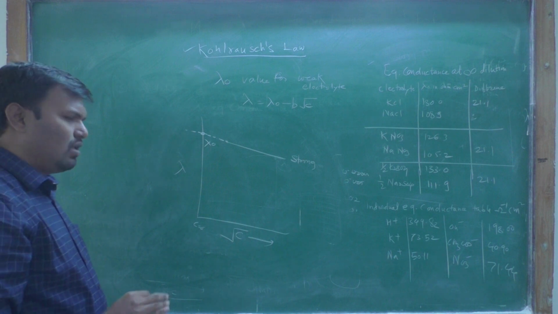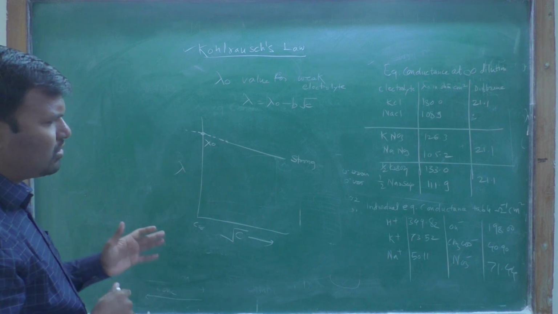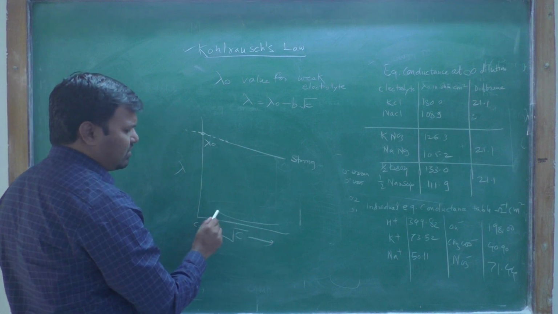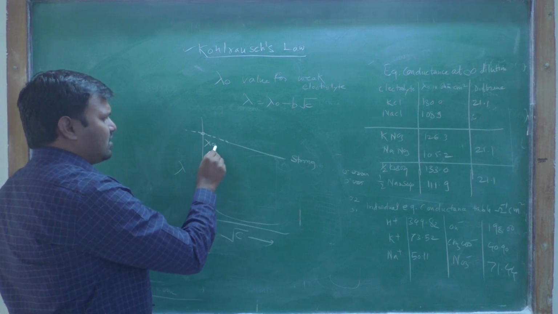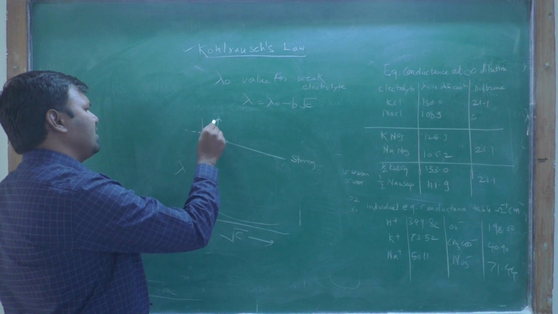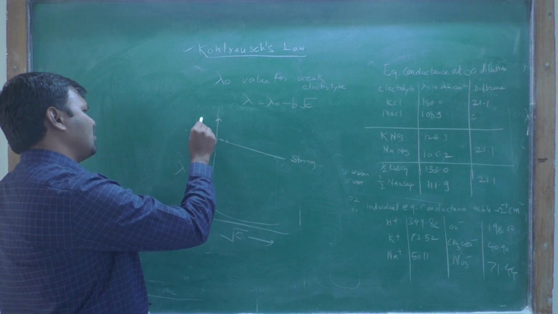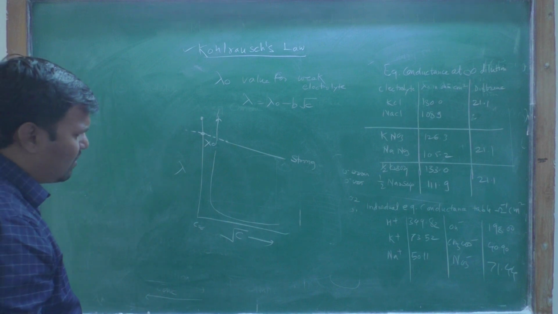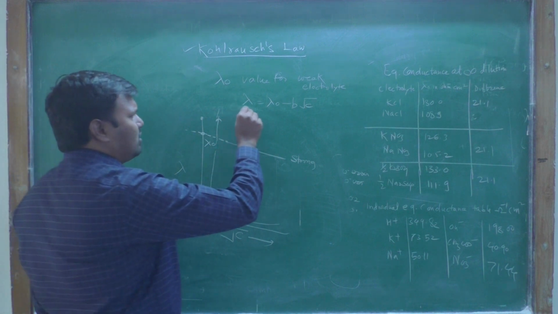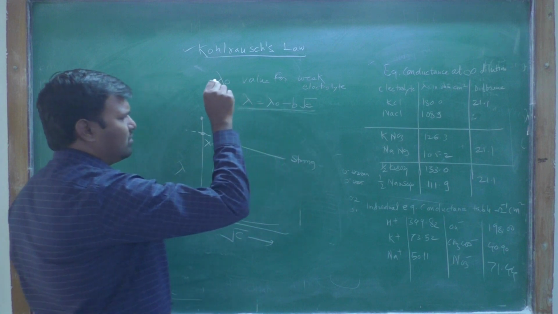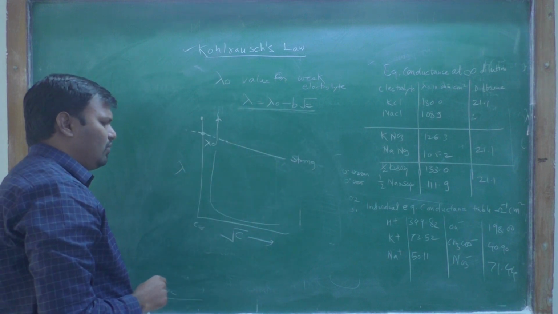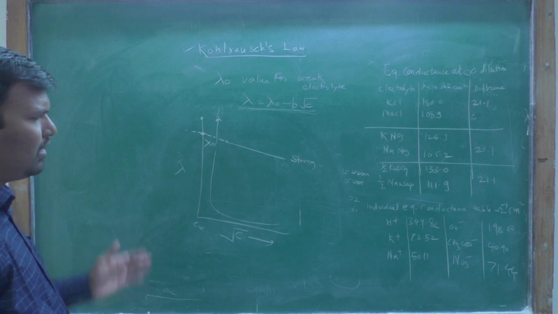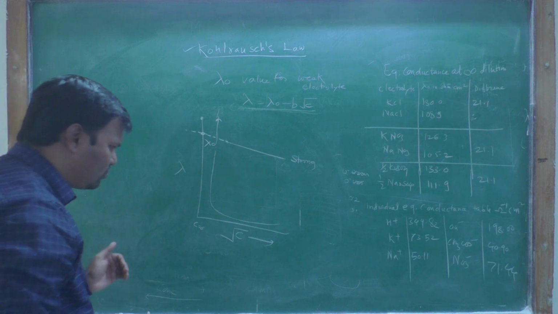After that the lambda value does not increase for a strong electrolyte. But when you dilute a weak electrolyte, the value increases steeply and it cannot be extrapolated to intercept. Therefore for a weak electrolyte, using this line equation, we will not obtain the lambda 0 value, the limiting lambda at very dilute solution.